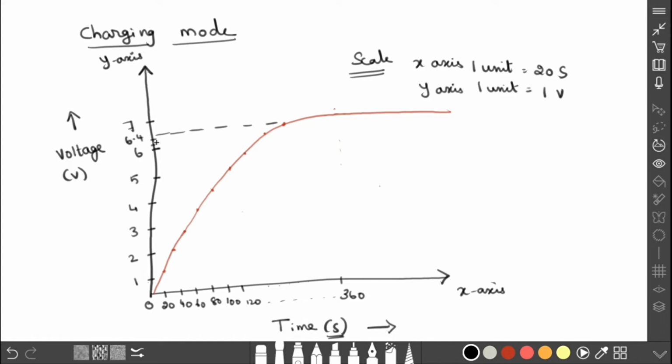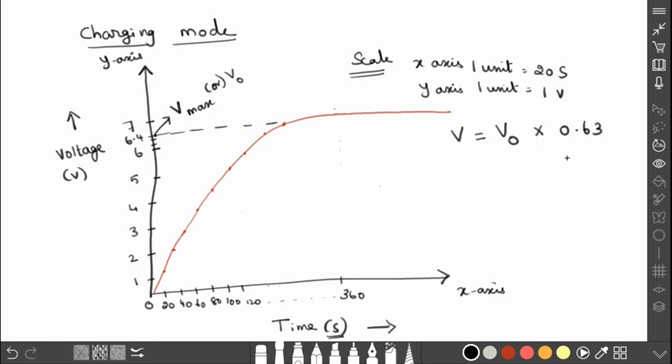This point is V maximum. In your book it is mentioned as V. Okay, so the voltage across the capacitor V is equal to V naught into, for charging, 0.63.